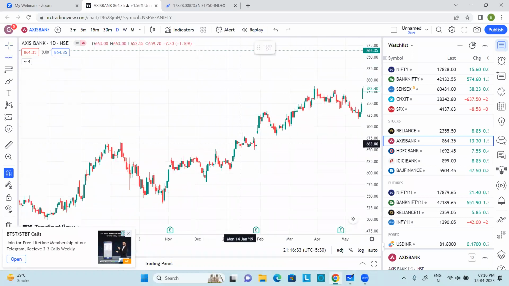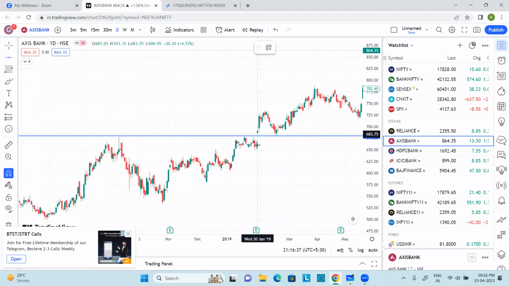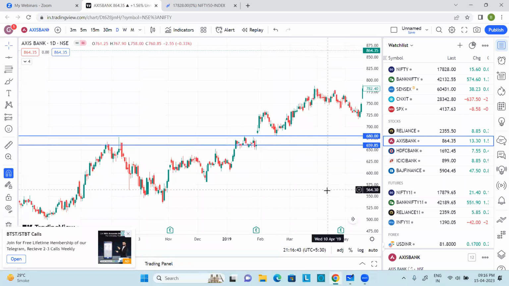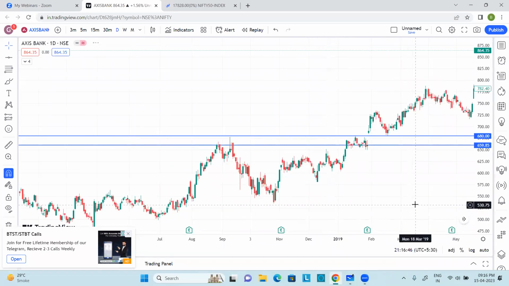You can see one example here. Is it correct? Everywhere it will work. Technical analysis will work, Shravan Kumar. It will work in every liquid stock, every liquid index.